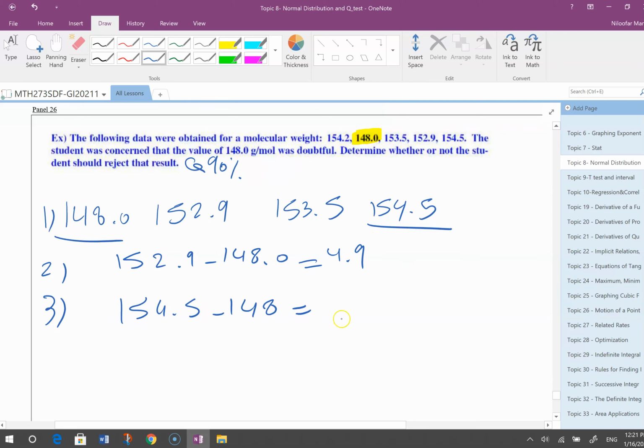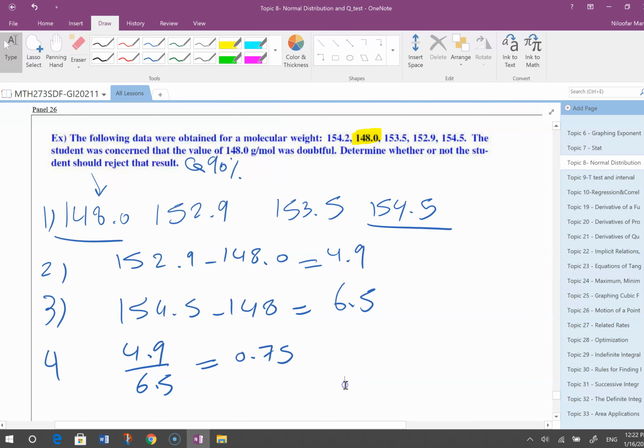If, for example, 148 is between two values, you have to find the closest one, and then find the difference. So here is the closest. Here the range is 6.5. Then you find 4.9 divided by 6.5, and the result is 0.75.